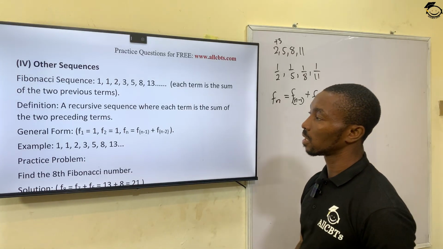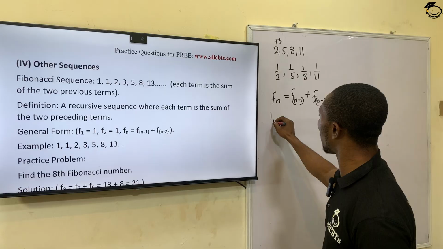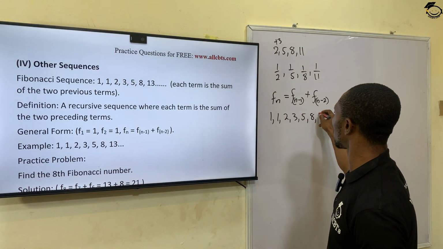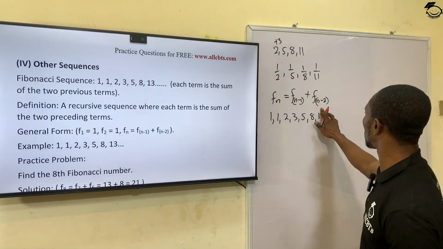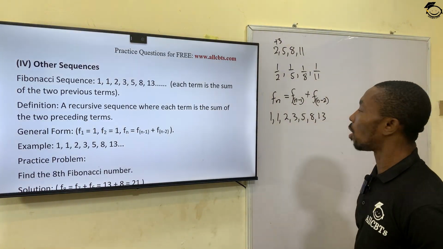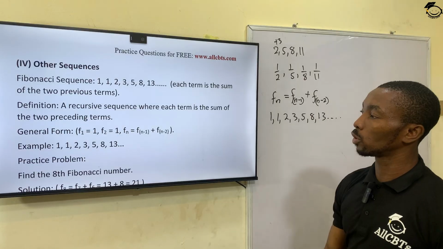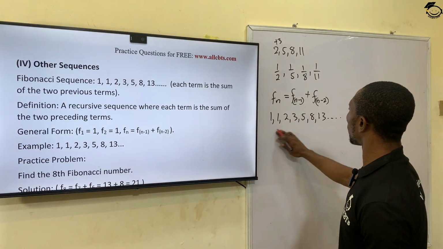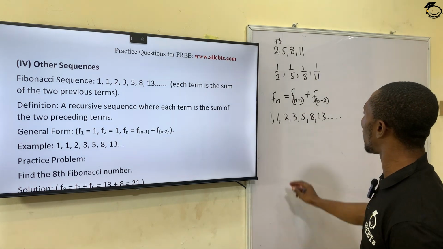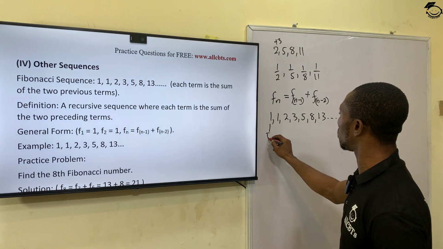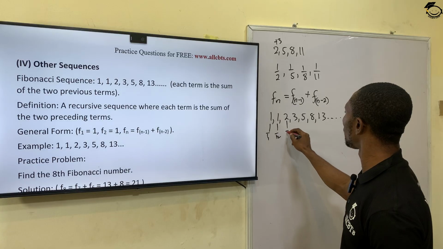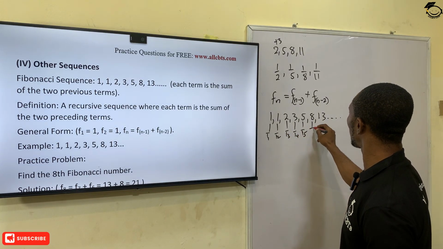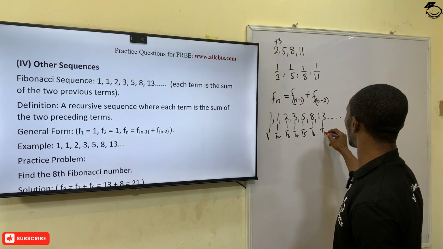Now, it says in this sequence where we have 1, 1, 2, 3, 5, 8, 13, and so on, that we should find the 8th Fibonacci number. For us to find the 8th number, we have to label this as T1, T2, T3, T4, T5, T6, and T7.